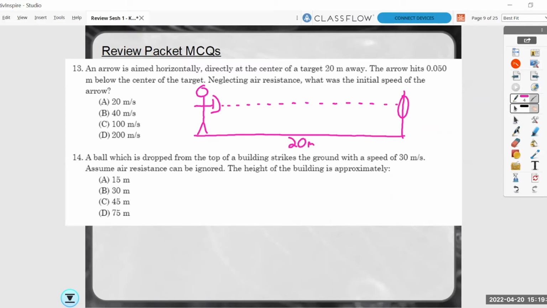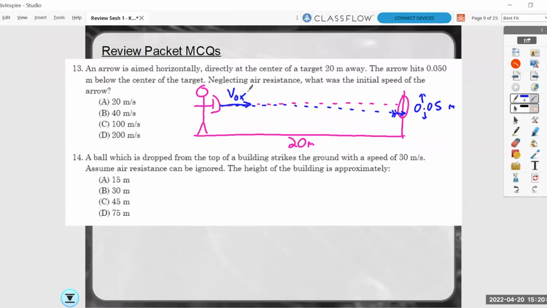The arrow that they fire doesn't hit exactly, it falls as it goes and impacts the target a little low, 0.05 meters below, 5 centimeters low. Then it asks, how fast was the arrow going? Because it says horizontally, what it's asking for is the initial x velocity.